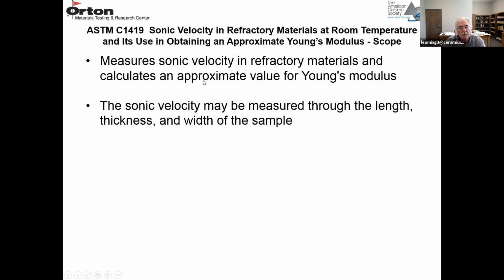So it measures sonic velocity in refractory materials and calculates an approximate value for Young's modulus. So the sonic velocity is measured through the length, thickness, and width of the sample. You don't have to do all those dimensions, but you can. Usually you just use the length, but you can measure it in any direction on a refractory shape.